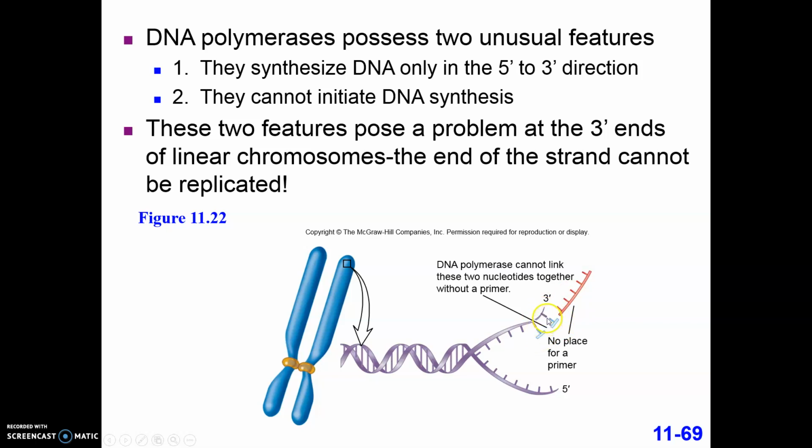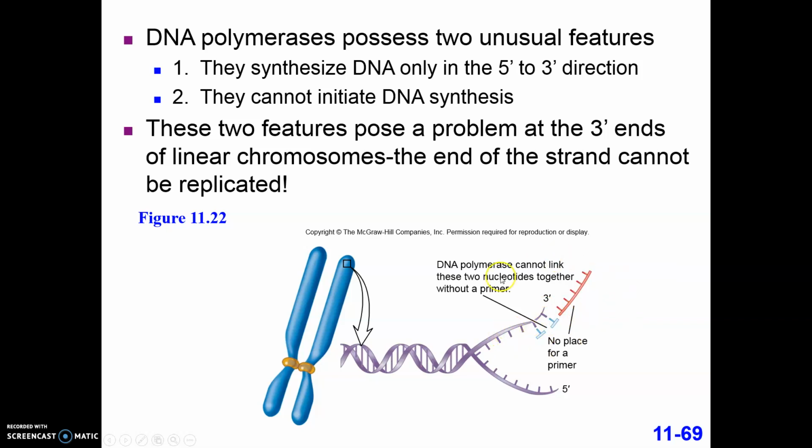So at minimum, we would start with a little primer here and then start adding DNA in over here. The problem there is that when we come in and then degrade the RNA primer, DNA polymerase can't come in and fill that gap.